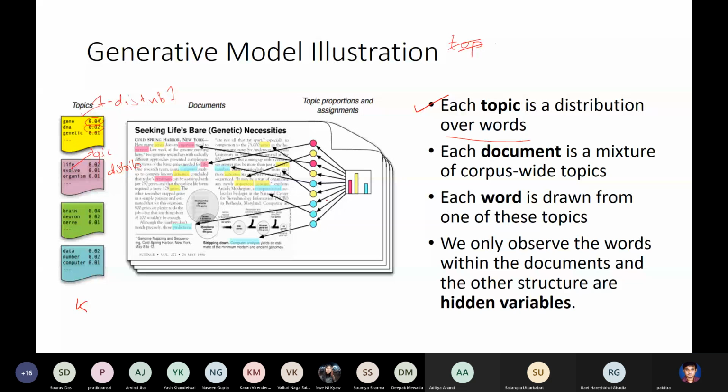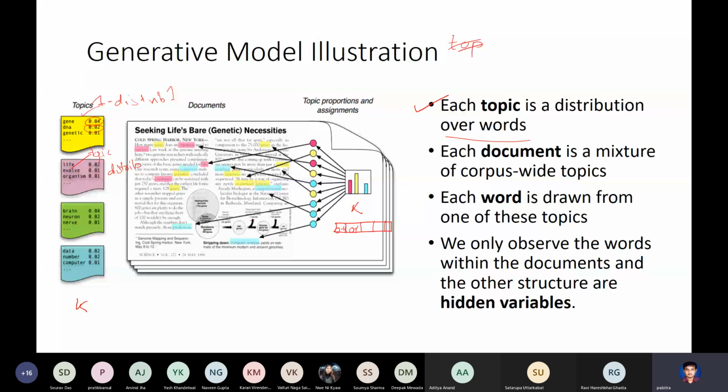Similarly, suppose I have k topics. What I do, I make another vector which talks about some proportion of topics, some mixture of topics. Say I take 0.4 topic 1, 0.1 topic 2. So let's say I have these 3 topics, this pink, yellow, and blue.